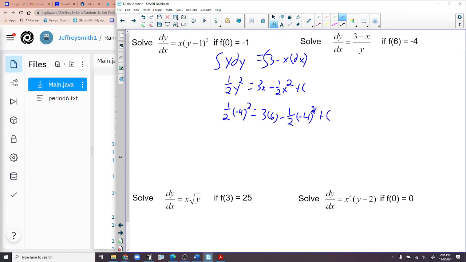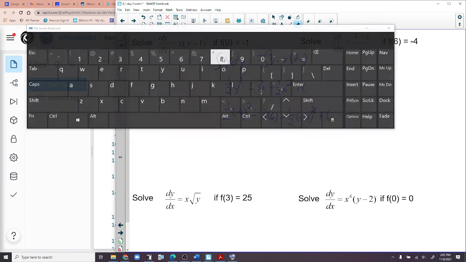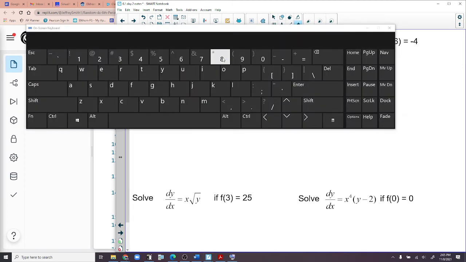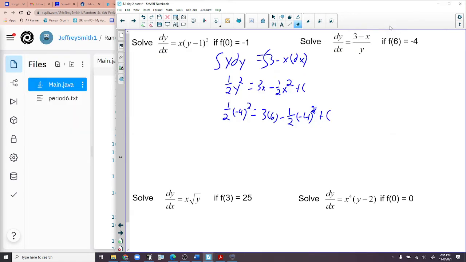All right, he just earned a point just for plugging in the values, right? Oh, did you mess that up? Yeah, put a 6 there. There you go.